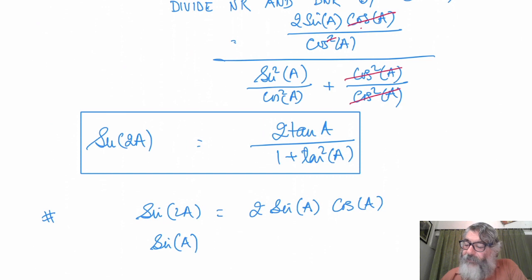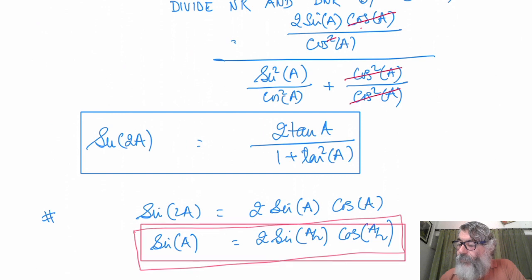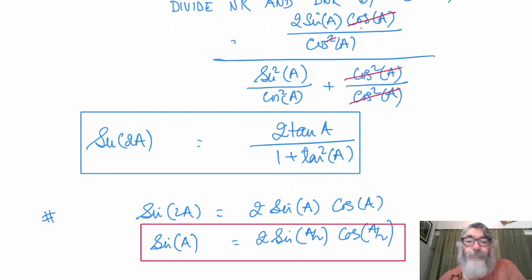So if A is on the left hand side, it will become 2 sin A upon 2 and cos A upon 2. This is another formula if only A is given: sin A is 2 sin A by 2 into cos A by 2.